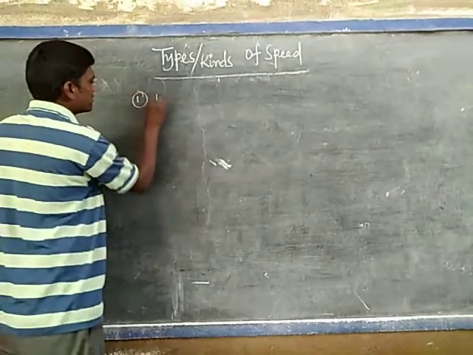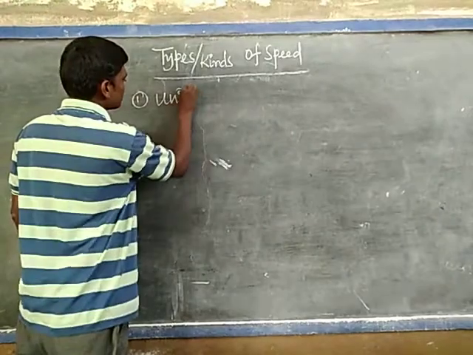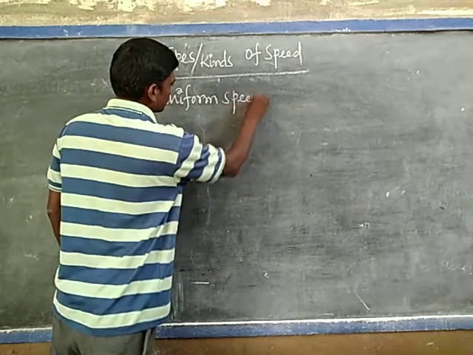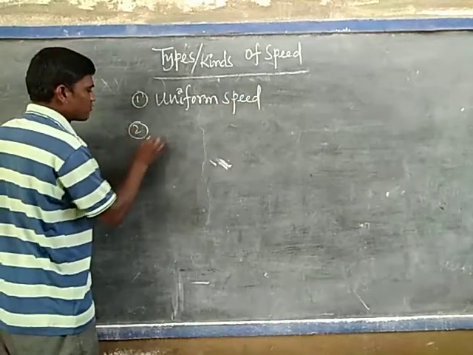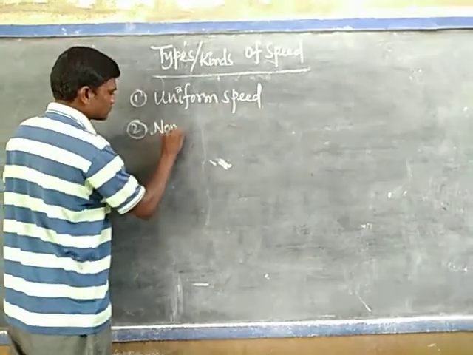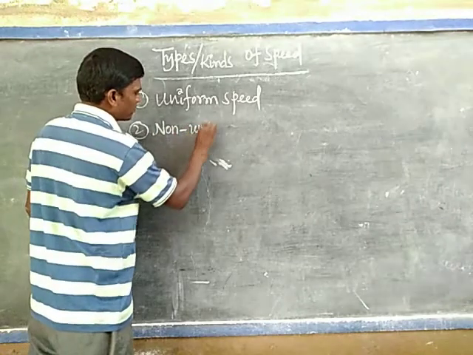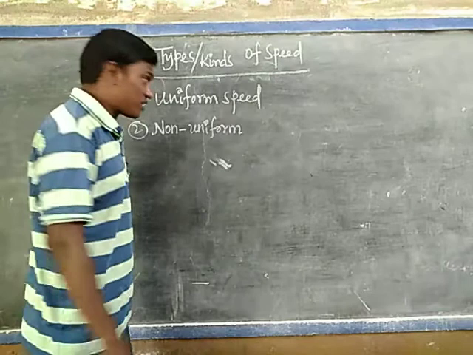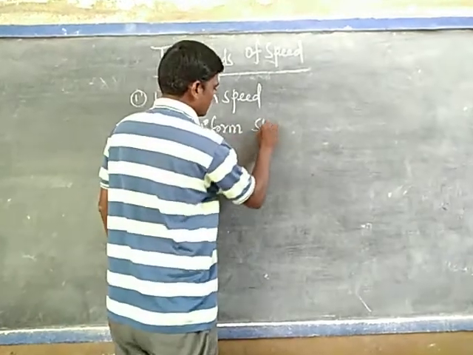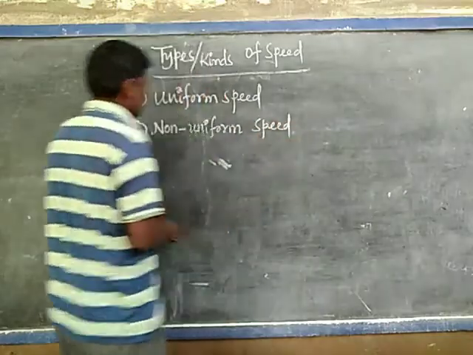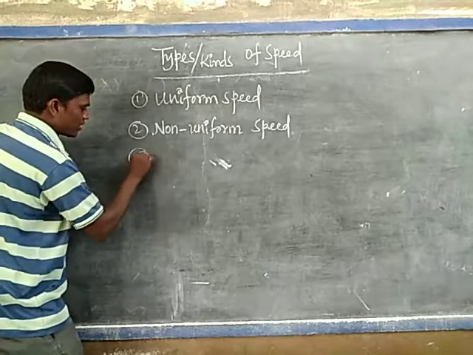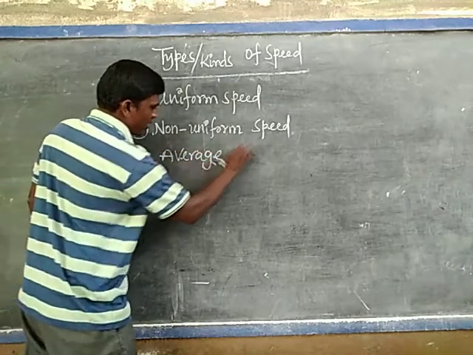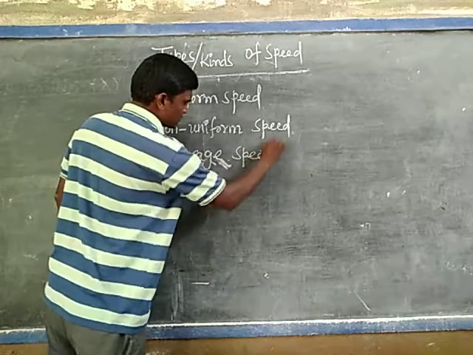First one is uniform speed. Second one, non-uniform speed, it is also called variable speed. Third one, average speed.